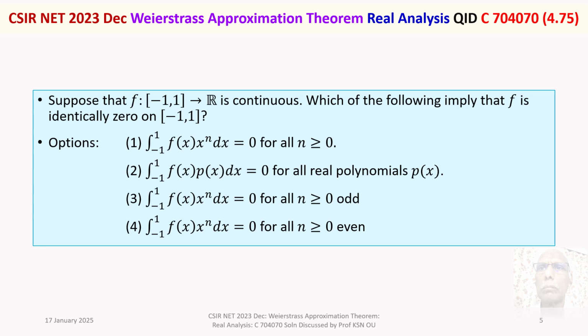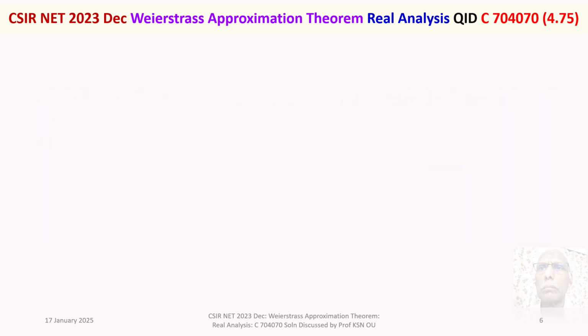Let's now discuss the solution of the problem in detail. We have a real valued function defined on the closed and bounded interval -1 to +1, and it is given f is a continuous function.